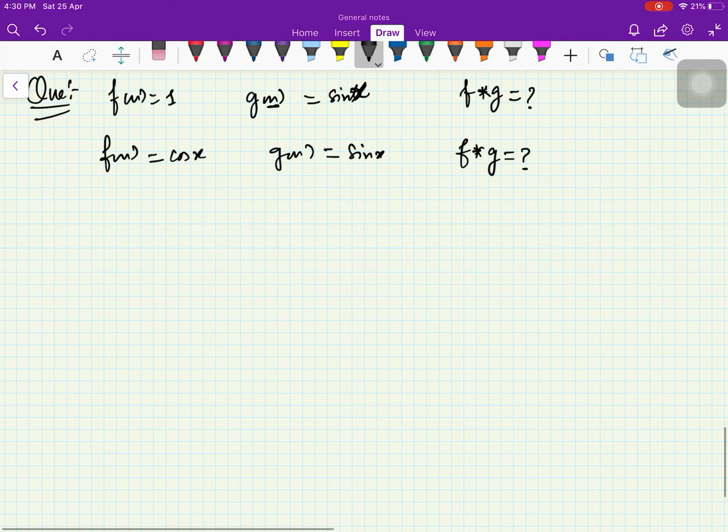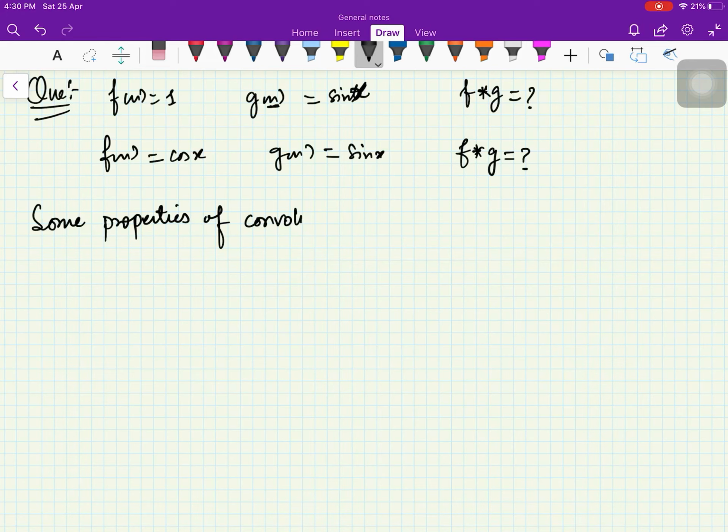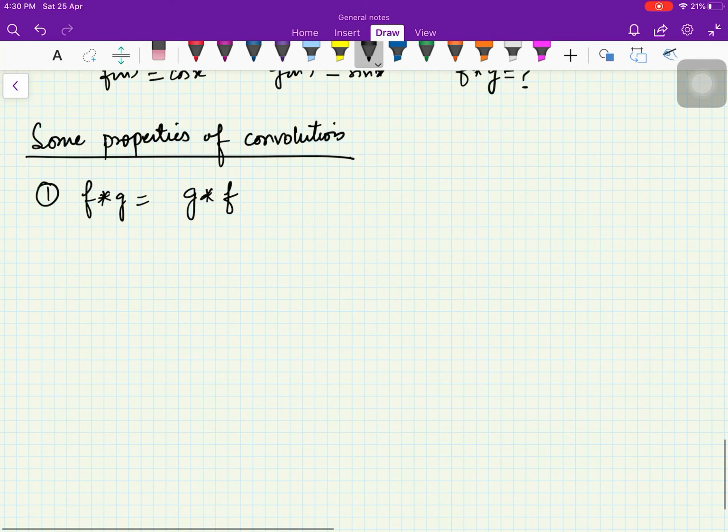Okay, there are some properties of convolution, right? Some properties like f star g is the same as g star f, right? I'm not proving all of them, but I'll prove at least one.